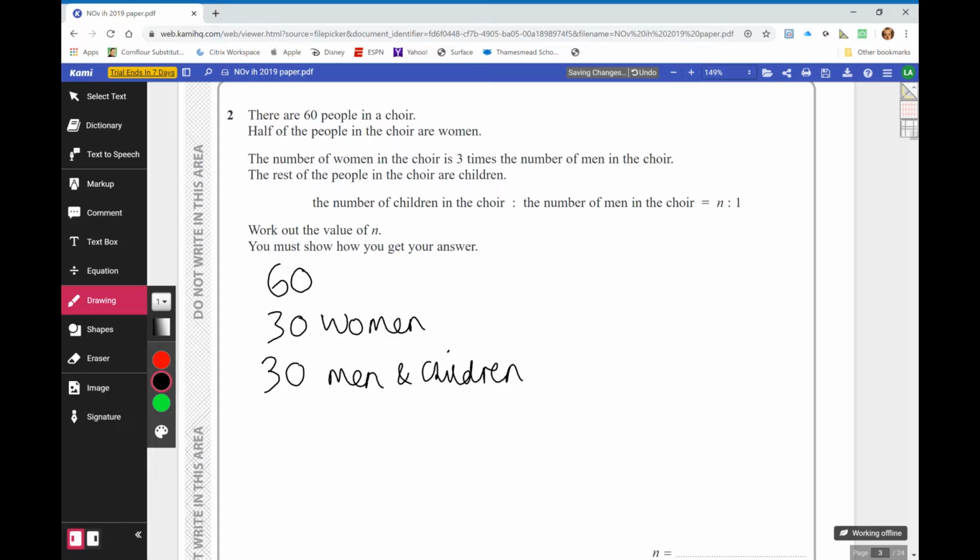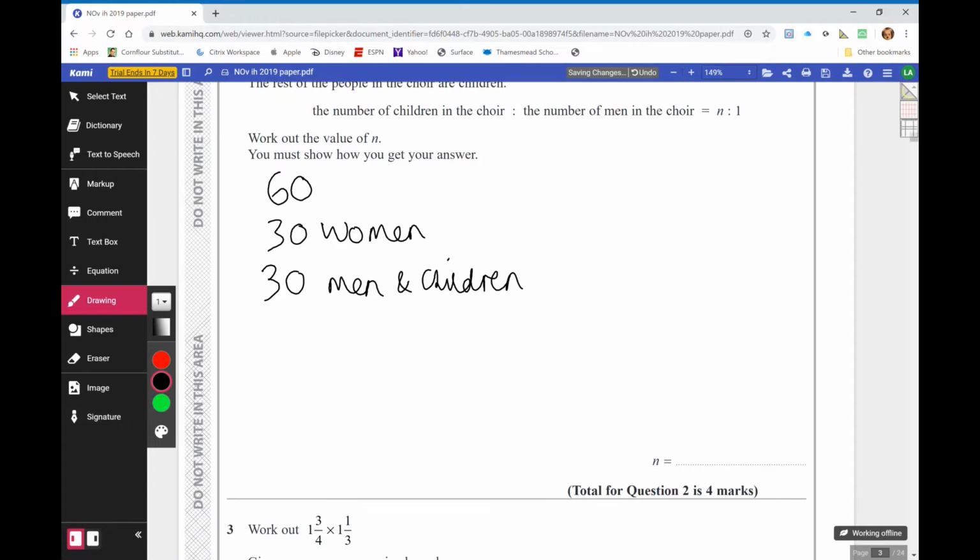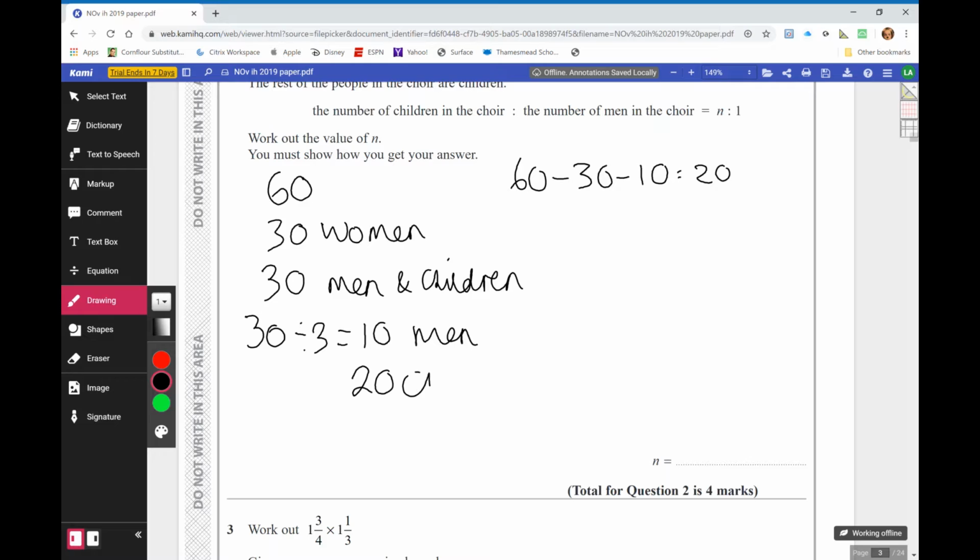So if women are 30, then 30 is 3 times the number of men, so it's going to be 30 divided by 3. So 30 divided by 3 equals 10, and that gives us how many men are in the choir. And then by deduction, 60 minus the 30 women, minus the 10 men, so there are 20 children in the choir.